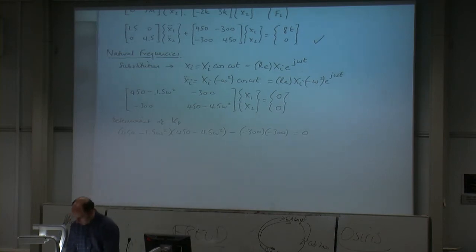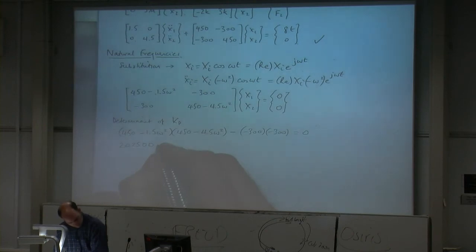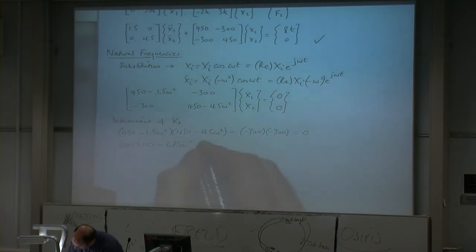So 450 times 450, let's see, hold on, is 202,500, using the calculator. Then 1.5 times 450, so we have minus 675 omega squared. 4.5 times 450, we have minus 2025 omega squared.